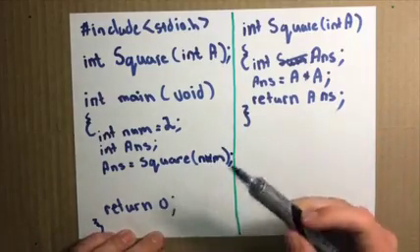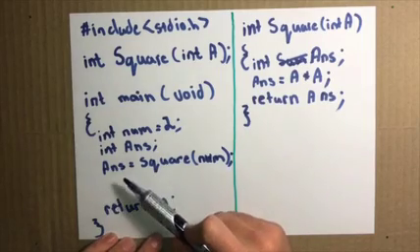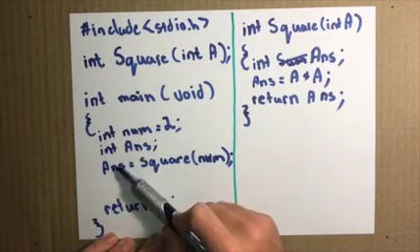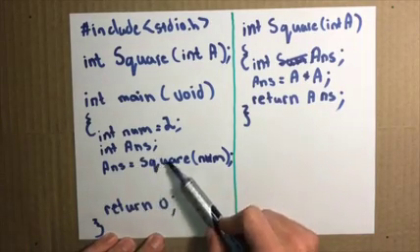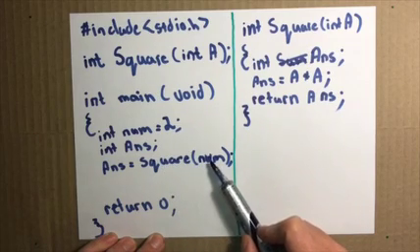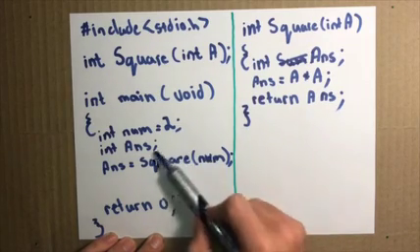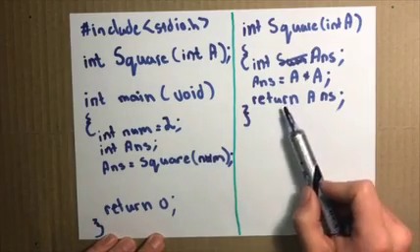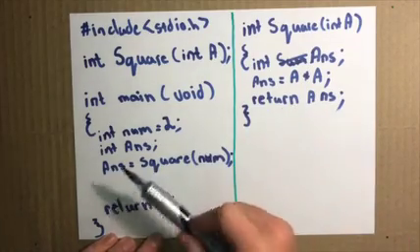Semicolon. So what's happening now is we say this answer is equal to the function with parameter num, and this whole thing will send back the answer to us.